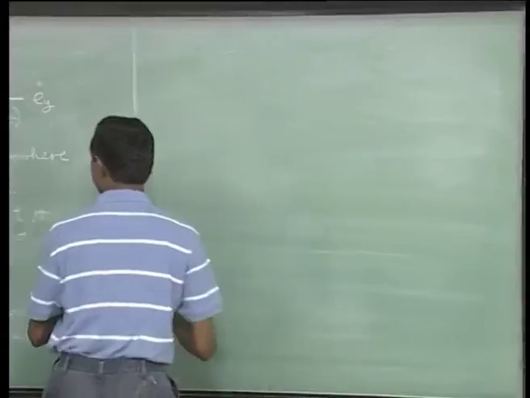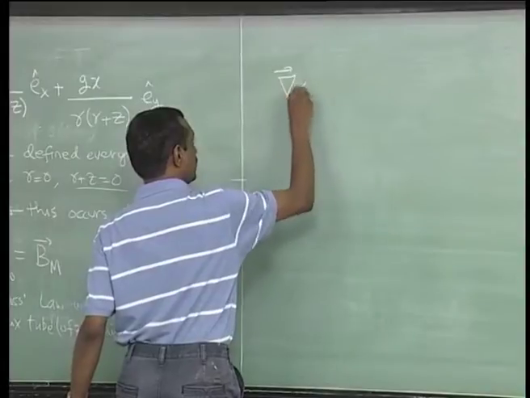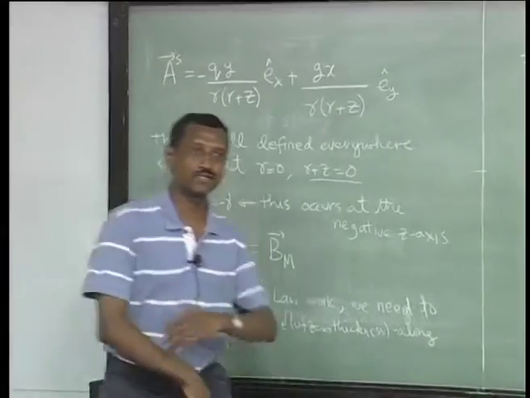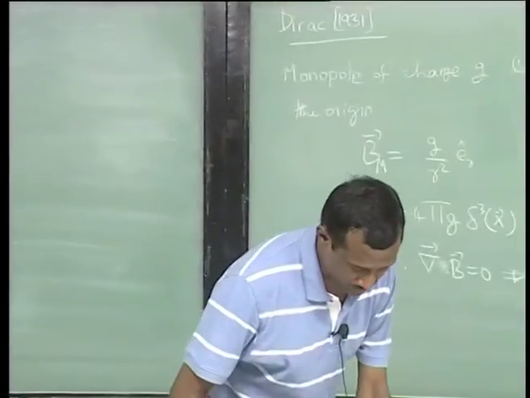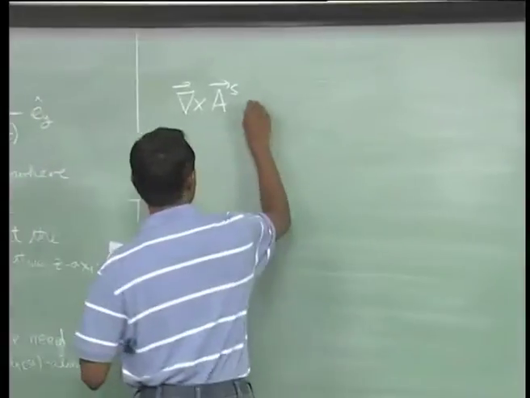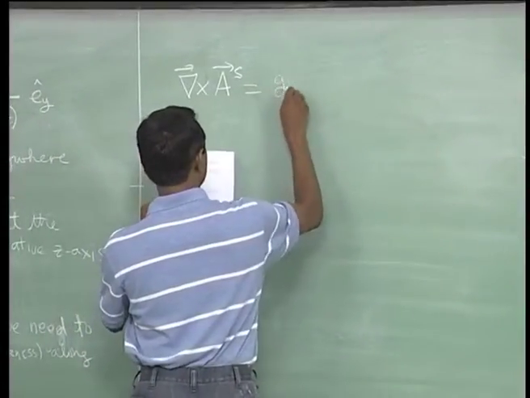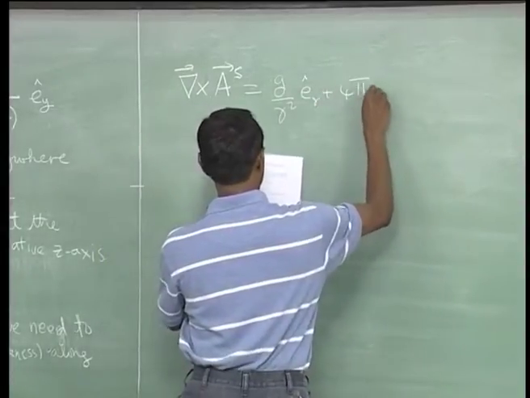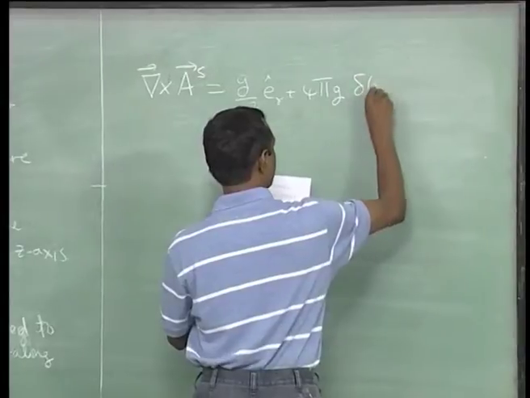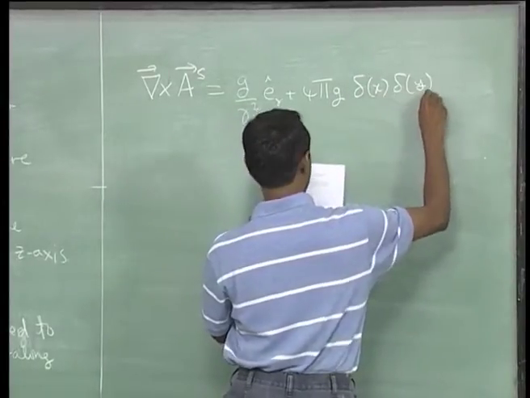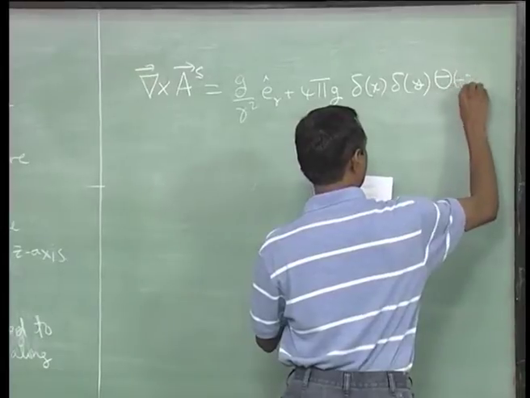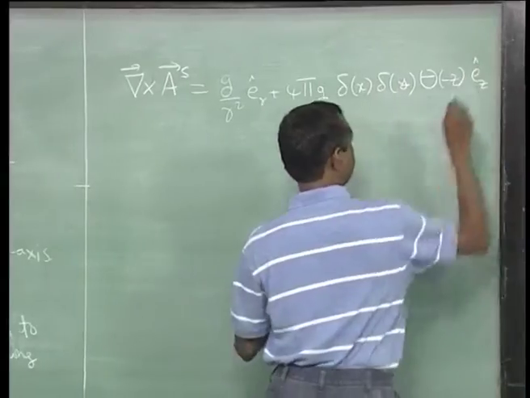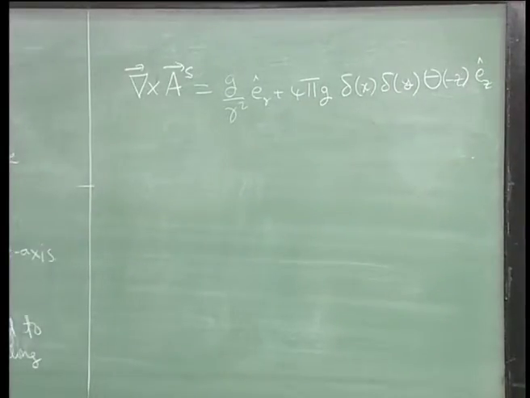What I am saying is that if you are willing to go outside the space of just smooth functions and work with distributions, del cross A_S will not satisfy this.